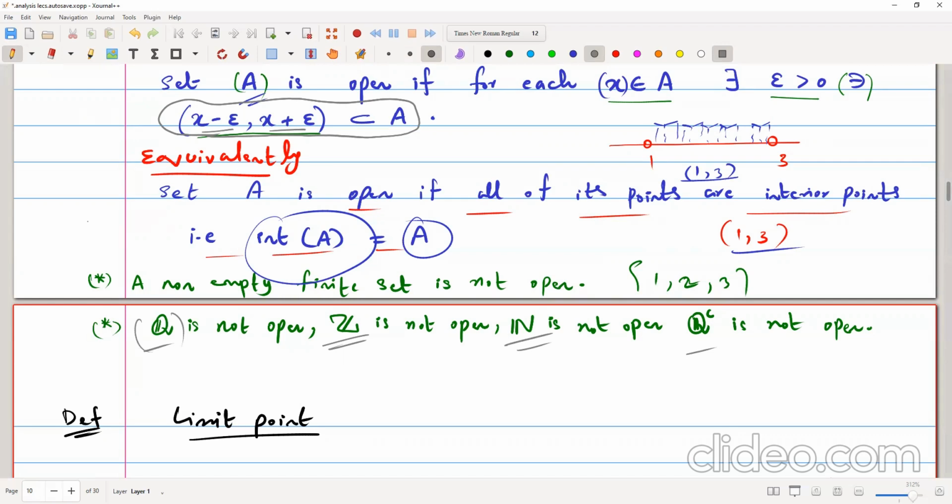They are not complete because they have a lot of irrational numbers in their neighborhoods. So this is not open because the neighborhood is not contained in the set Q. If you take the neighborhood of a rational number, there are irrational numbers in it which are not part of the rational numbers. So the neighborhood is not contained in the universal set, that is Q. Same for the integers, the natural numbers, and the irrational numbers.